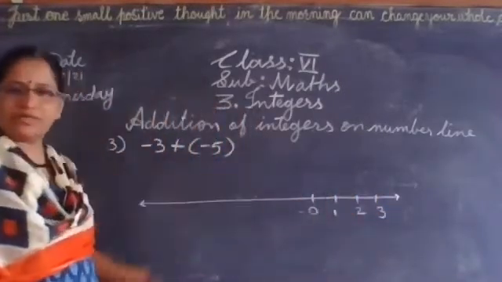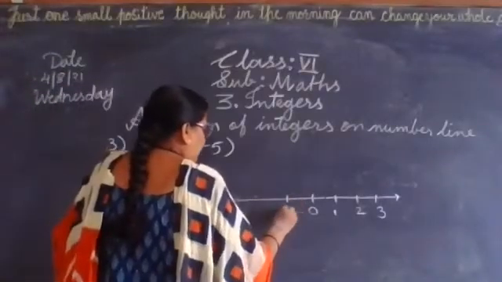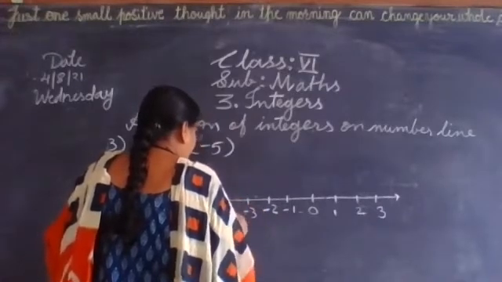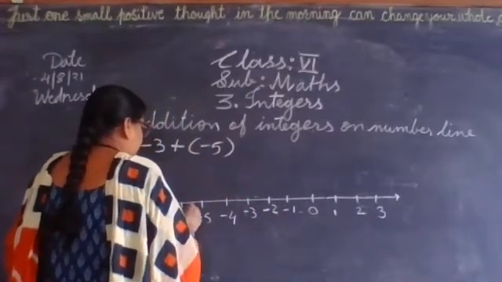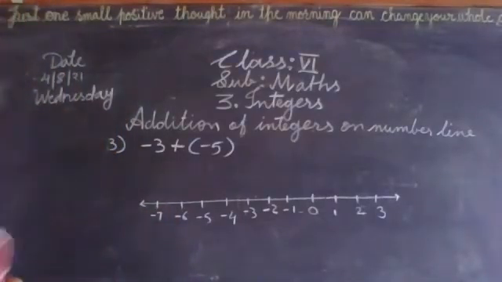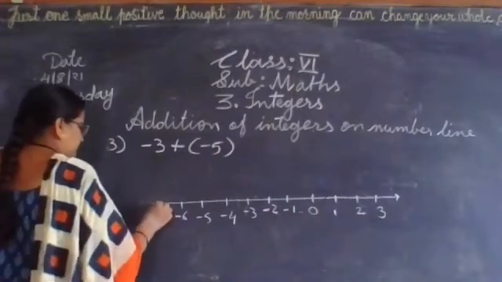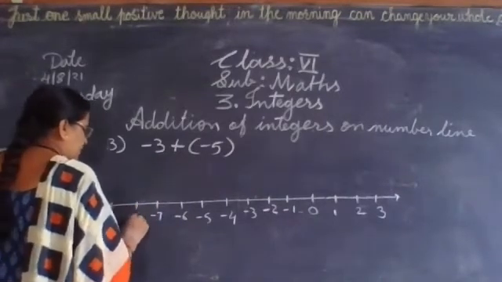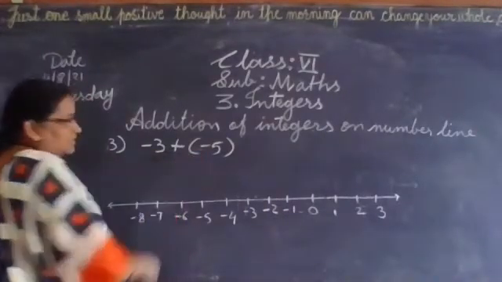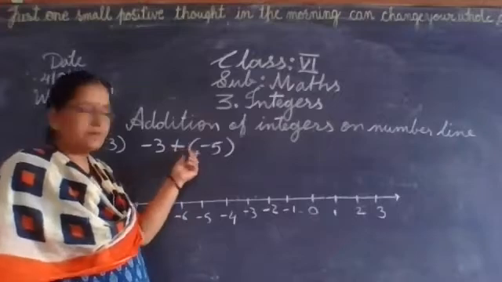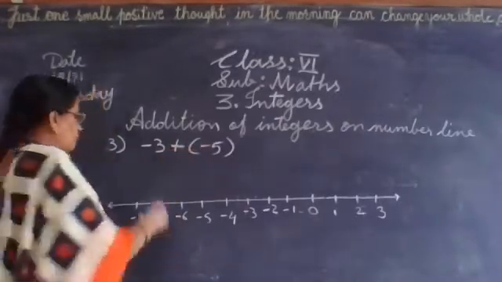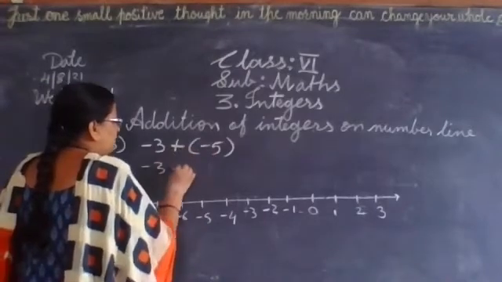Again, see, arrowhead is given. -1, -2, -3, -4, -5, -6, -7, -8. Now listen, beta. Two signs, we cannot write two signs at the same time. So plus and minus. So what will come out? -3 plus and minus will come out.